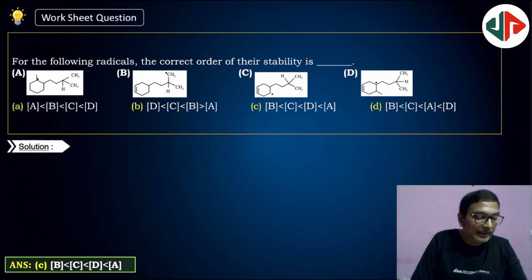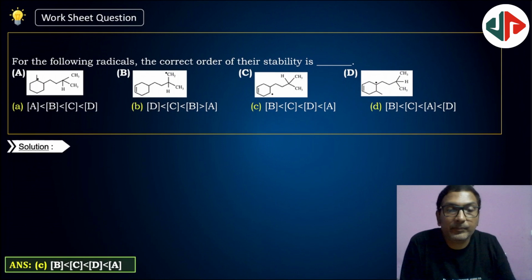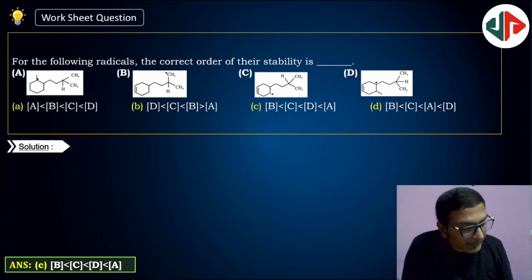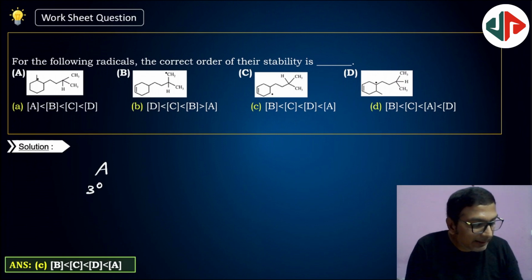Very important. Correct order of stability. So first take A compound. A compound is tertiary, and it contains 3, 2 and 1. That means the number of alpha hydrogens we can count.